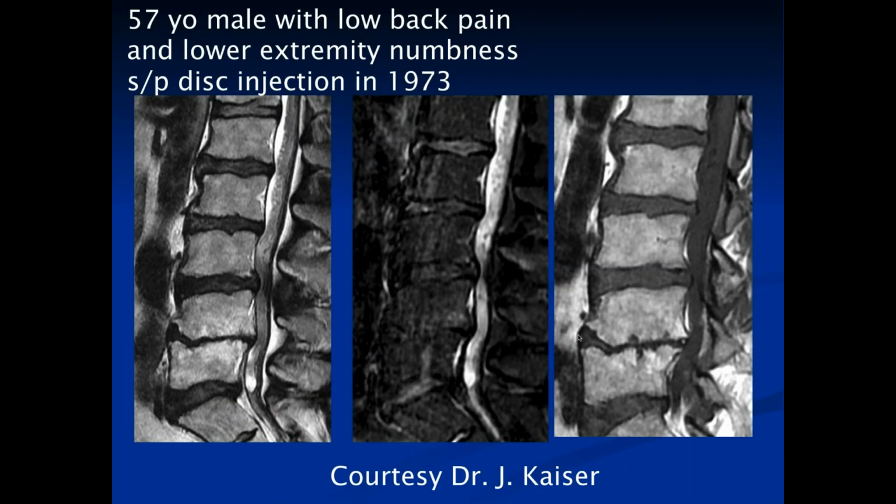Okay. 57-year-old male with low back pain and lower extremity numbness, status post disc injection in 1973. There is complete loss of disc space at L4-L5 with mild retrolisthesis of L4 over L5. Post-injection, we have all that thickening and abnormal signal of the cauda equina nerve roots.